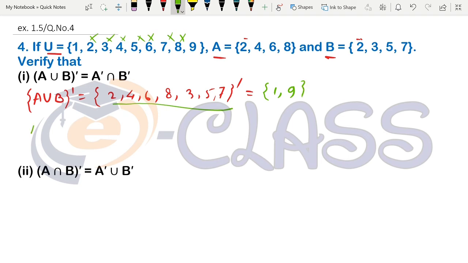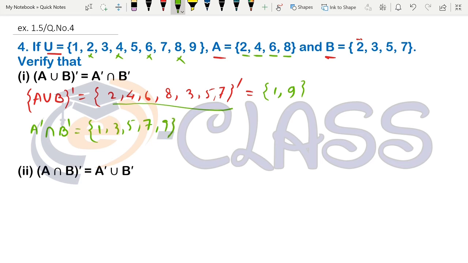Now A complement intersection B complement. For this we have to calculate A complement and also B complement first. For A complement, just ignore 2, 4, 6, 8 in the universal set, and the remaining elements are 1, 3, 5, 7, 9.